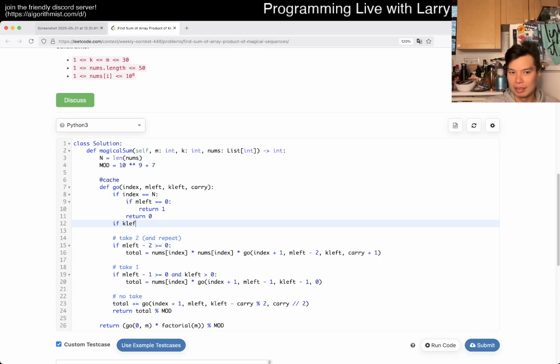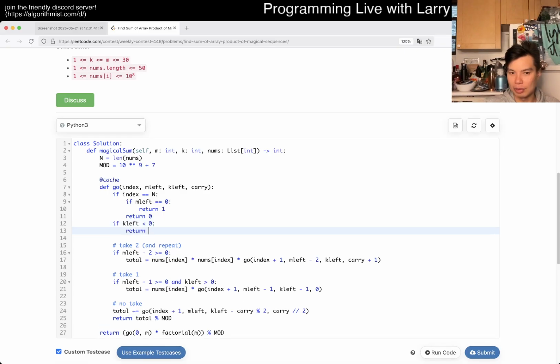So if K left is less than 0, we just return 0. Yeah. Okay, so take 1. Then you have this. Minus this minus carry mod 2, I think. Right? And this again is carry 2 because we're done. Right? And then now this is fine.